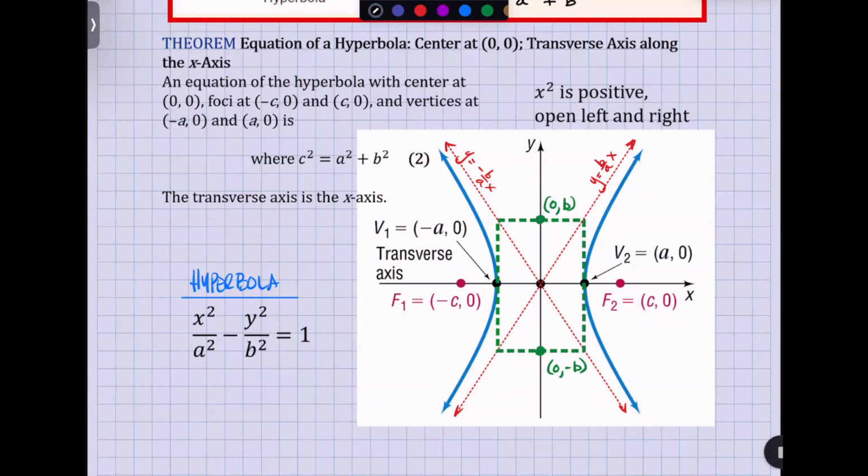So if x squared is positive, left and right towards the x direction. If y squared is positive, up, down towards the y directions. The reason why those axes of symmetry matter is to tell me how I should open up the hyperbola.